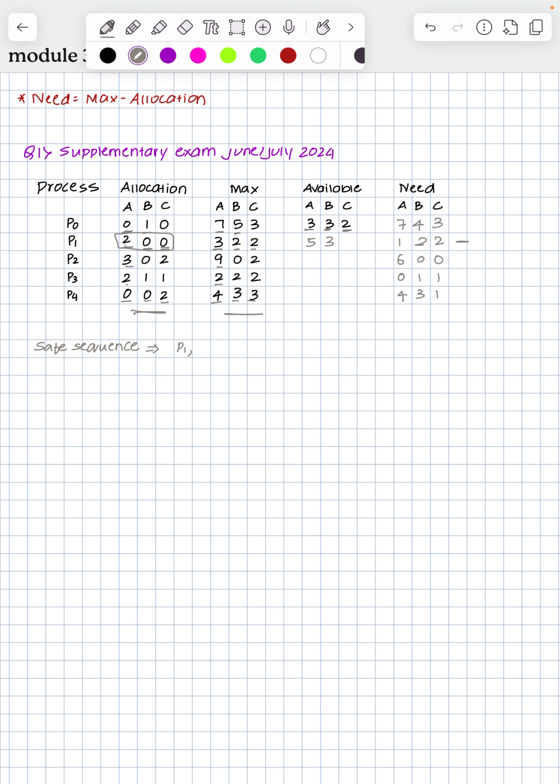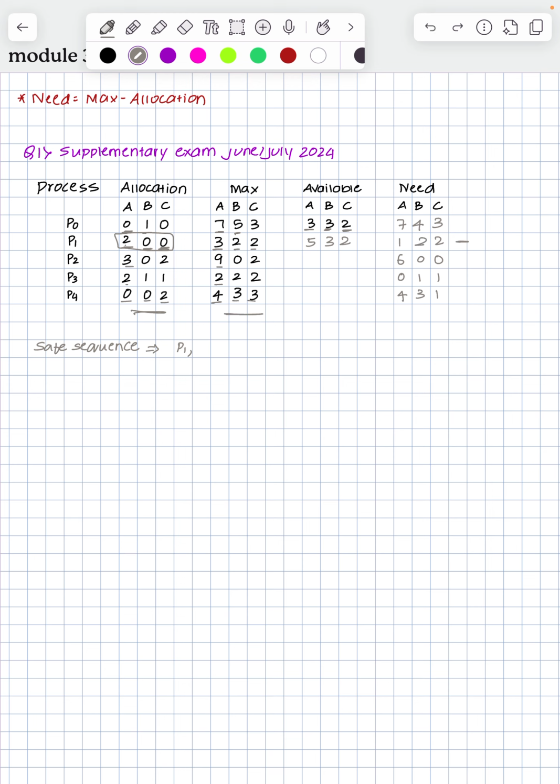And 2 plus 0 is 2. So this much is available now. Then we check the new available and compare it to the need matrix. The safe sequence can be any sequence, it does not matter. What we have to check is the available we get in the end, it has to be correct. And I'll tell you how to confirm that.